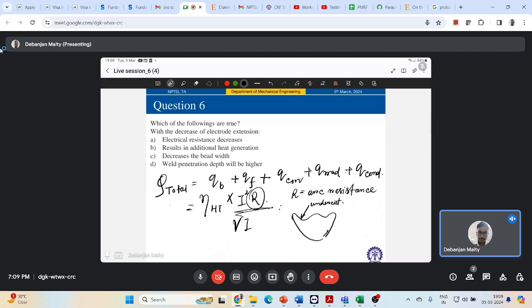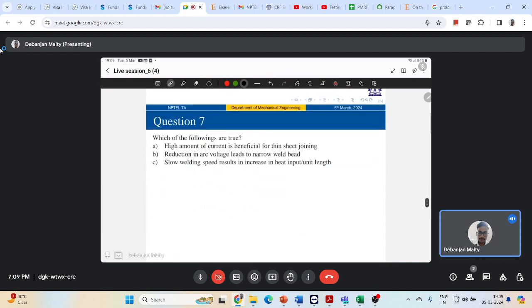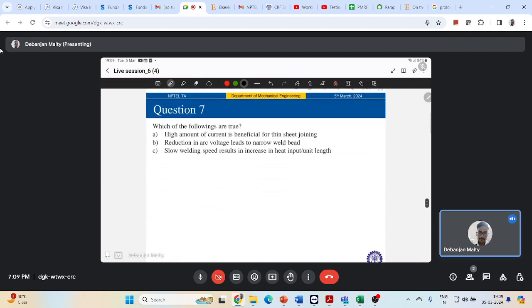highly dependent on this arc voltage, right? So if you are increasing arc voltage, they tend to cause some porosity, scattering is there. So there will be a bit of increase in your bead width. If you try to figure out how the weld bead shape will change, let's say this is one of your weld beads.